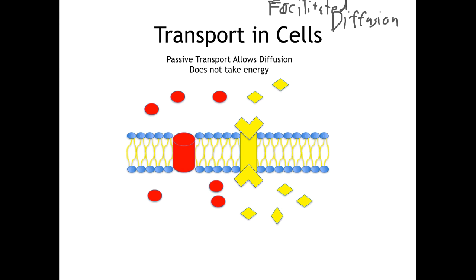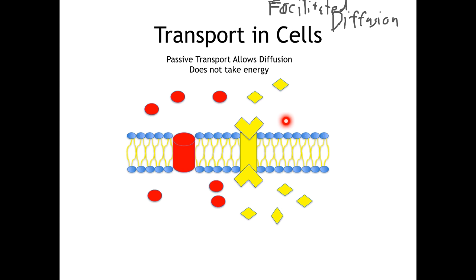Right? So this mechanism is a pore. A pore just makes basically a hole, a doorway that things can move across in. You can also have carrier proteins that instead bind and shepherd something across, rather than just making a hole. That's often used for larger molecules.